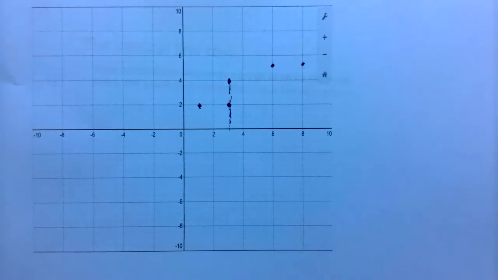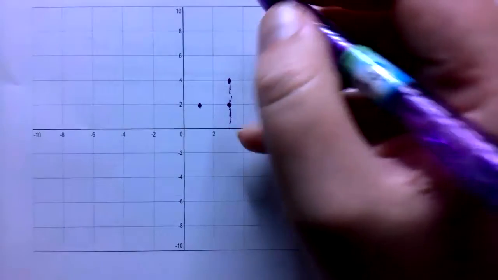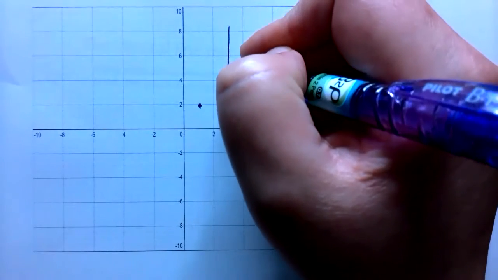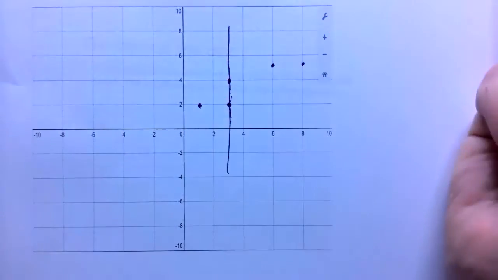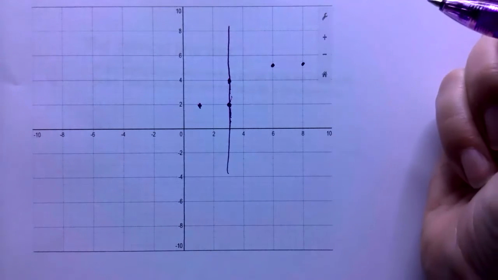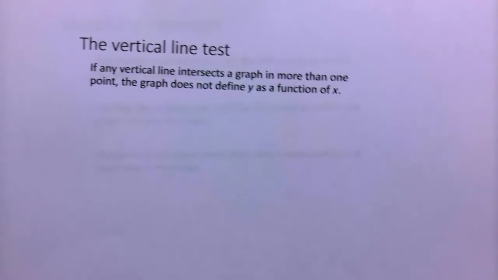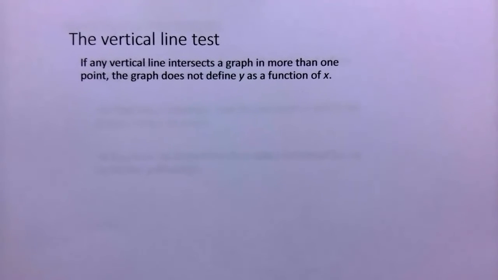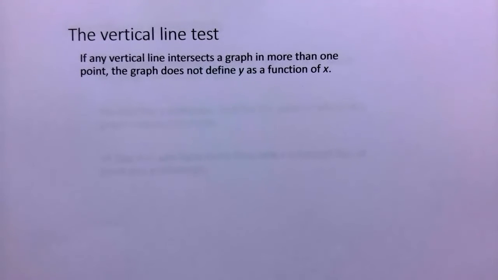If you can draw any vertical line anywhere, and it hits two of your points, it is not a function. Officially, the vertical line test says: if any vertical line intersects a graph in more than one point, the graph does not define y as a function of x. In other words, it's not a function.